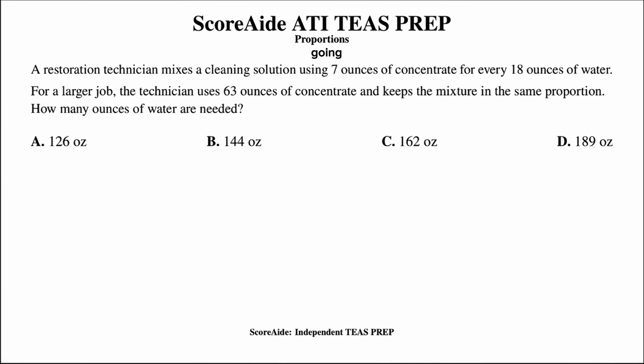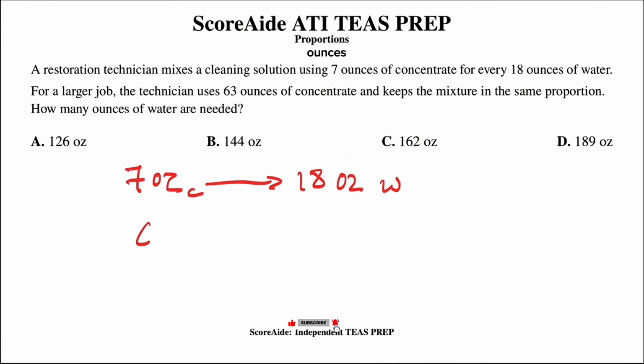Let's look at what is going on here. We have 7 ounces of concentrate for every 18 ounces of water, right? And then we have 63 ounces of concentrate.